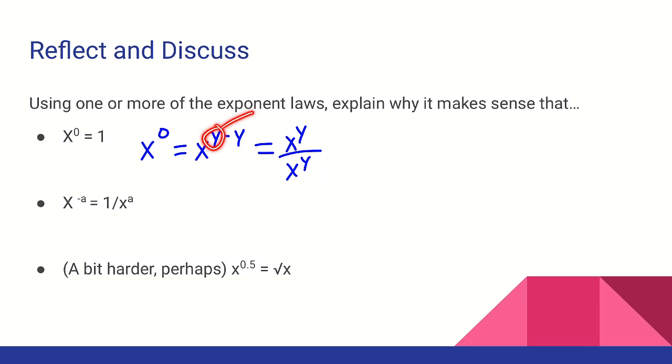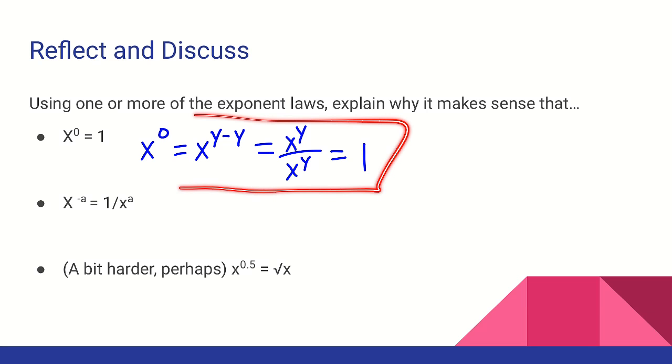This y is right there, this y is right there. But whenever we have some number x to the y over some number x to the y, because the numerator and the denominator are the same, it equals 1. And so this explanation is why this must always be true.